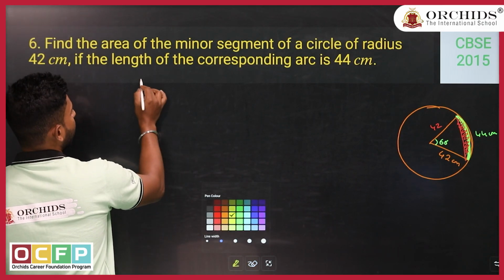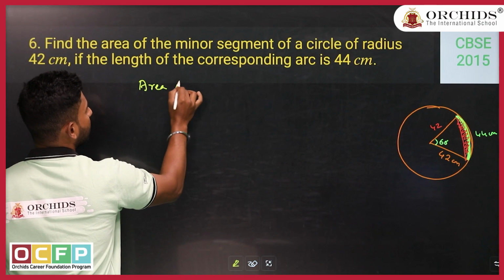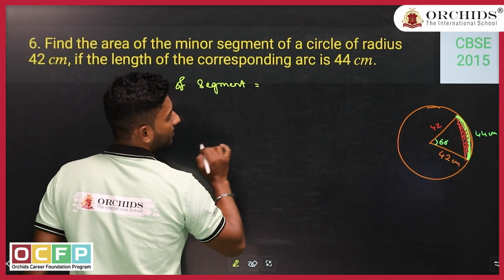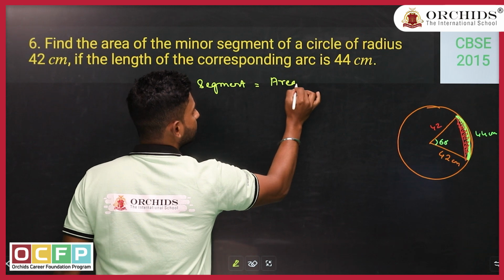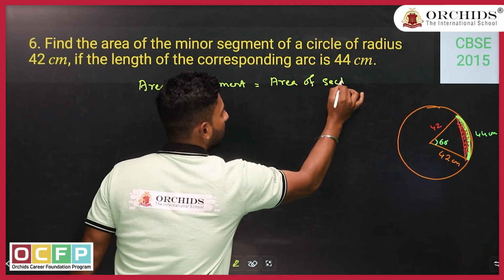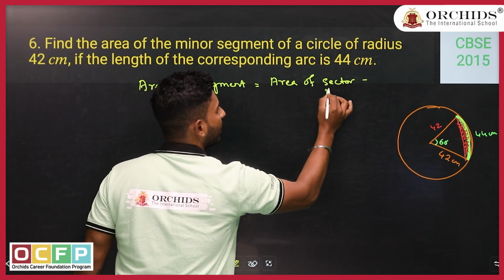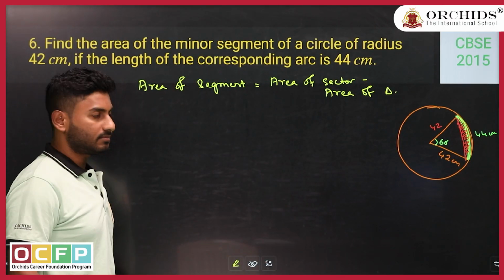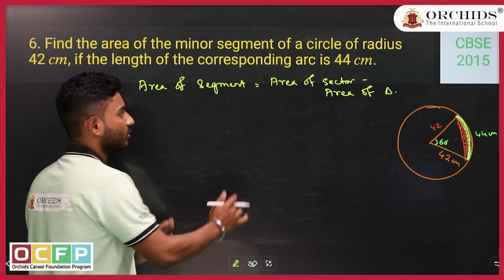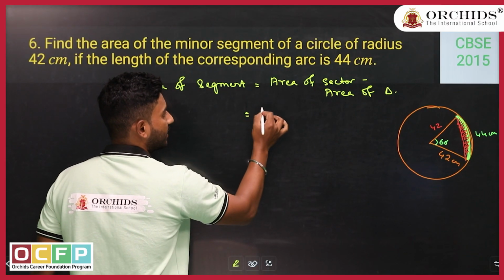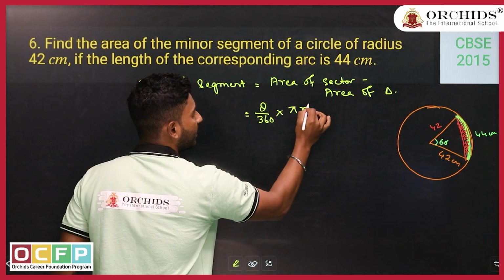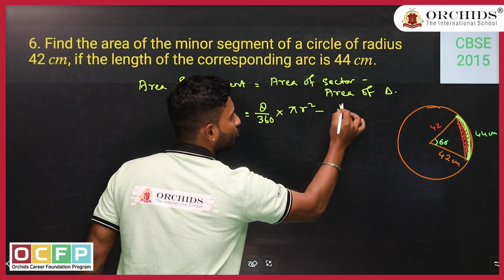Okay, so the area of the segment will be the area of the sector minus the area of the triangle. Just put the formulas. What is the area of the sector? Theta by 360 into pi r square, minus root 3 by 4.